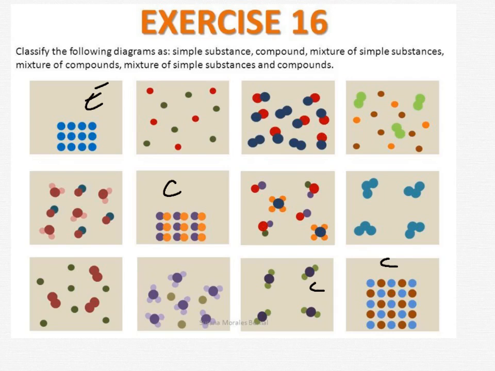Scanning and looking, I see the second one, red and green, as a mixture of elements. Different kinds of elements. I see the far right as a mixture. And that mixture over here contains two different kinds of single elements, orange and brown.